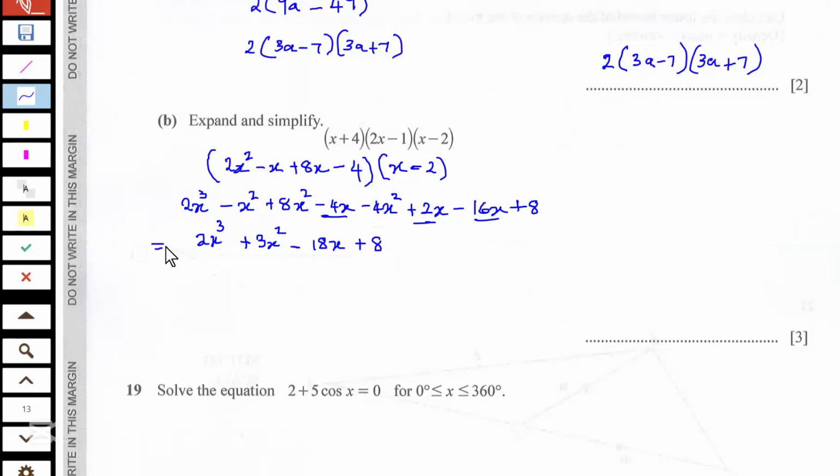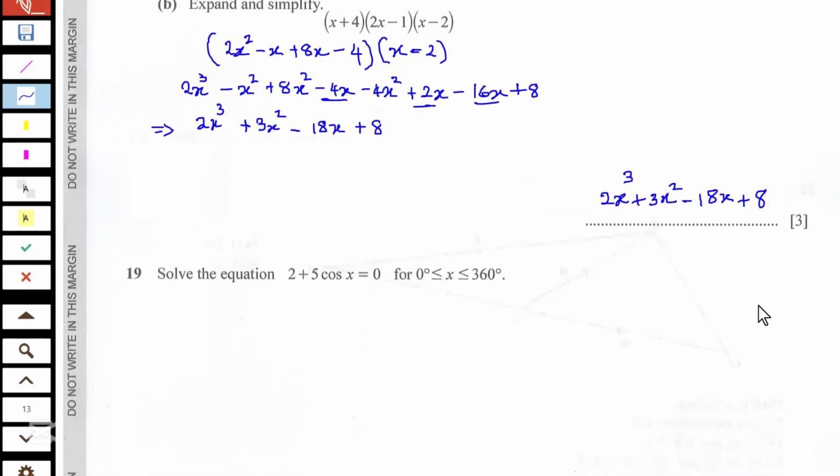So this is going to be the final answer: 2x to the power of 3 plus 3x squared minus 18x plus 8.